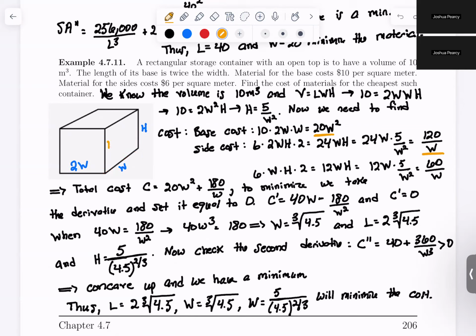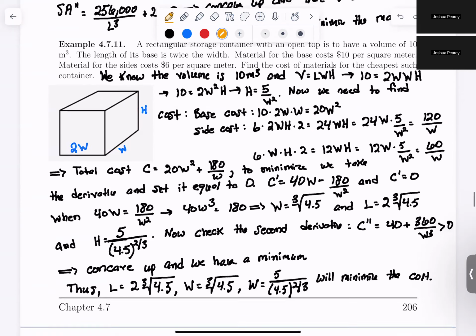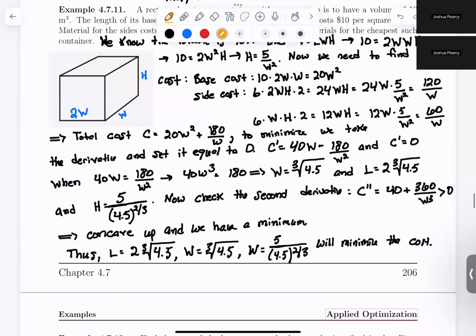So when we do that, we end up with the total cost for the sides. Here we have 120 over W plus 60 over W. That's 180 over W. So we have 180 over W for the sides, plus the cost of the base is 20W squared. So now, again, to minimize this cost, we take the derivative and set it equal to 0. So whenever I do that, this is when 40W minus 180 over W squared equals 0.